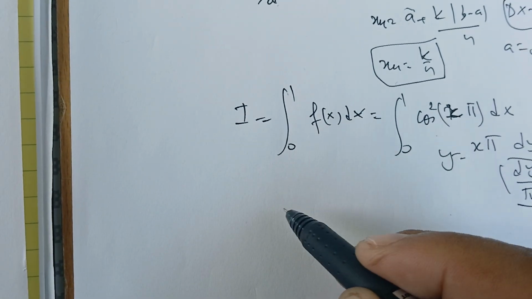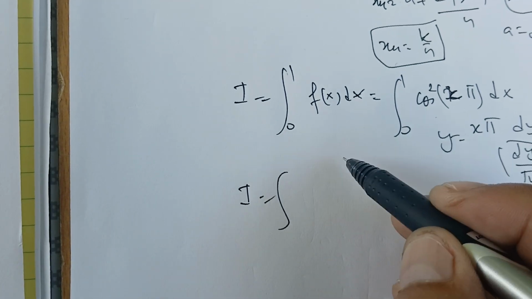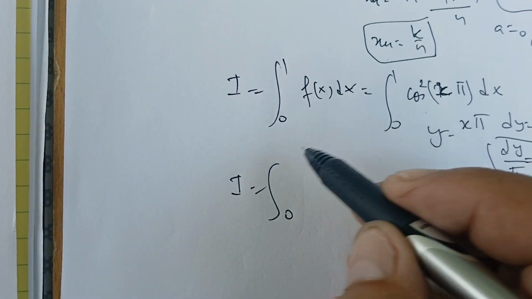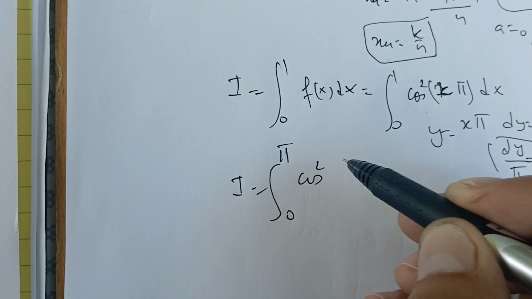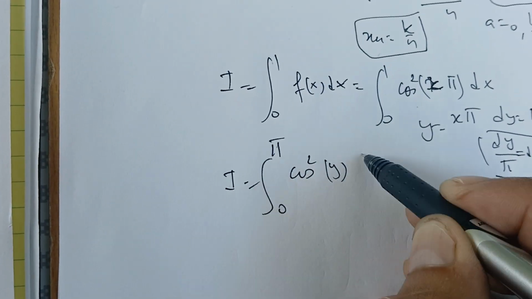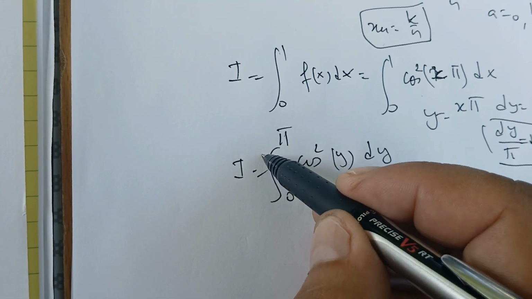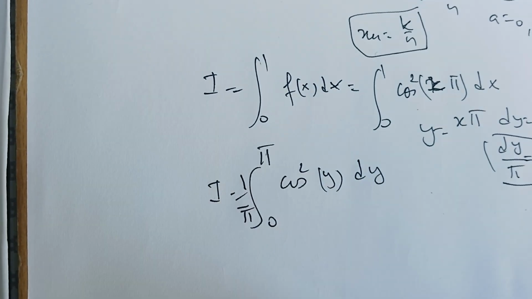And I need to change the bounds, so when x is 0, y is 0. When x is 1, y is pi. I have the integral of cosine squared of y dy. I'll take the 1 over pi outside, so I have 1 over pi.